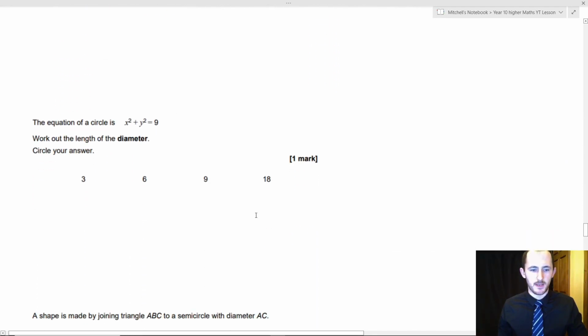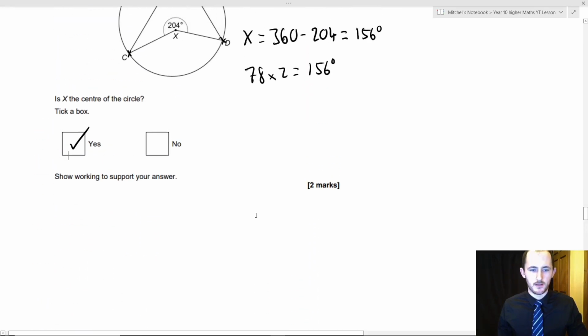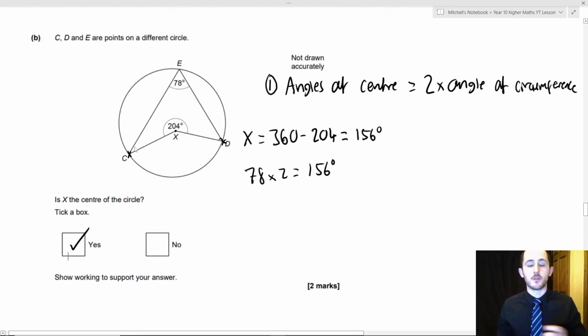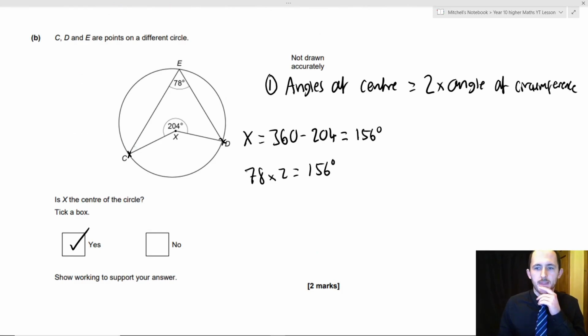So before we go on, everyone's great, okay. So hydrocarbon, the angle at the centre is not 204. It's always going to be facing away, right? Because it's the angle made from the two points on the circumference. So it's actually the opposite side.